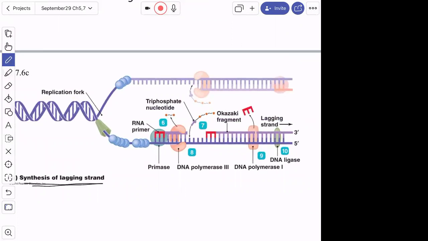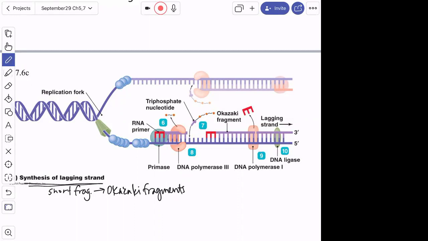In the other strand, it has to work in short pieces away from the replication fork. And those short fragments are called Okazaki fragments, somewhere between 1,000 and 2,000 base pairs long.